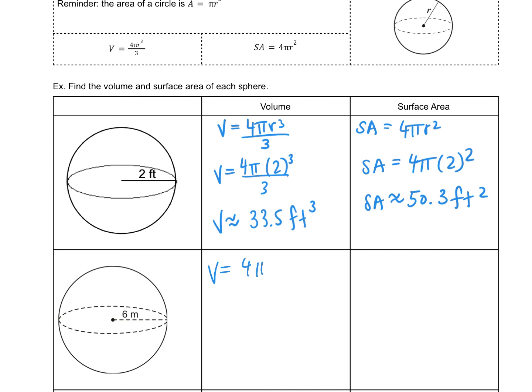So you should have 4 pi, then instead of r cubed, we'll write 6 cubed, all divided by 3. And when we plug this into our calculator, we get approximately 904.8 meters cubed. Check your rounding, check your units. Now I want you to pause the video, set up your surface area, then come back to check your work.